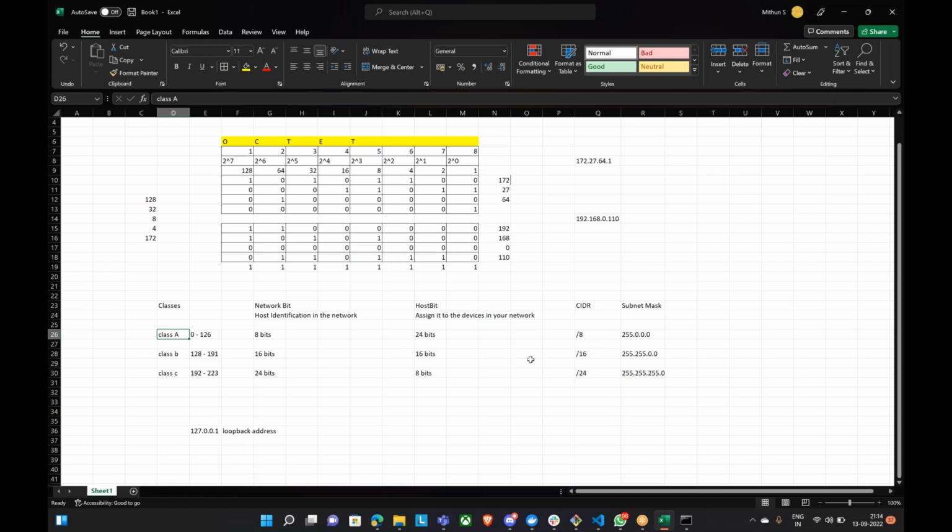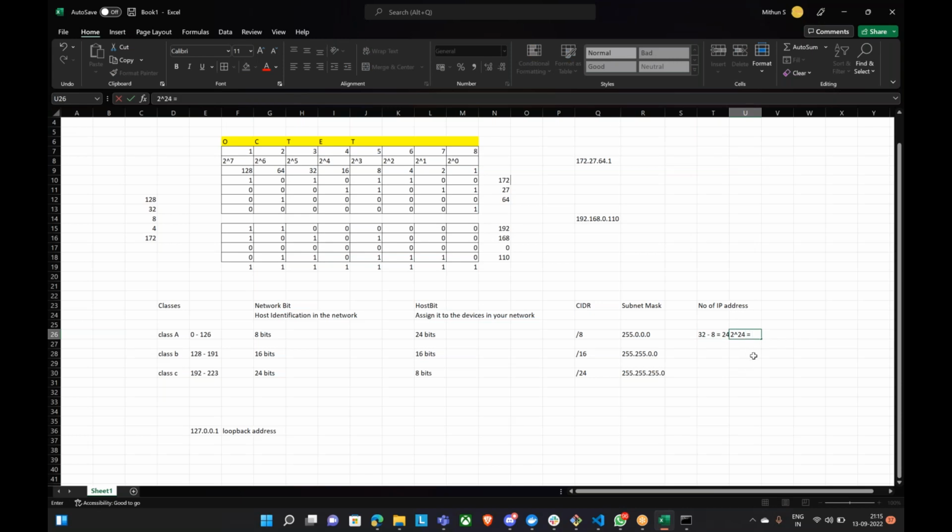For the number of IP addresses, you simply subtract from 32, because the maximum bits in IPv4 is 32. Subtract 8 from 32, the value we get is 24. IP addresses are binary, which means 2, so 2 to the power 24.